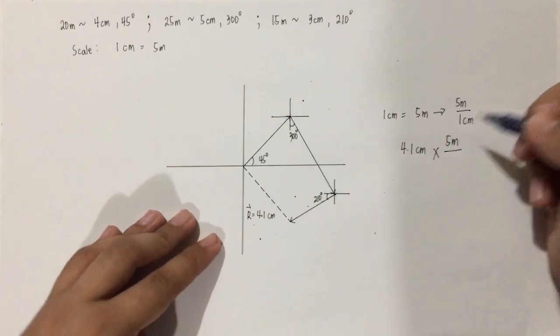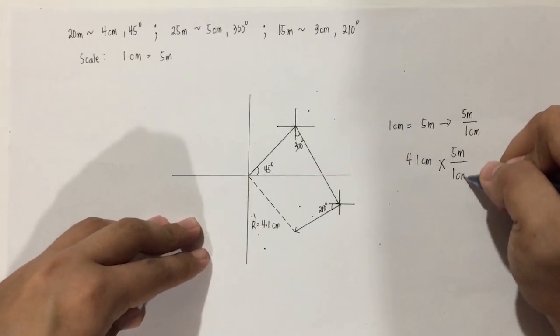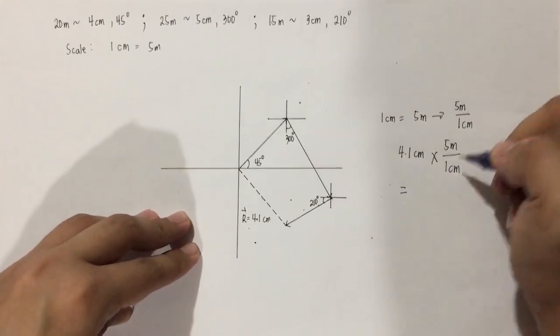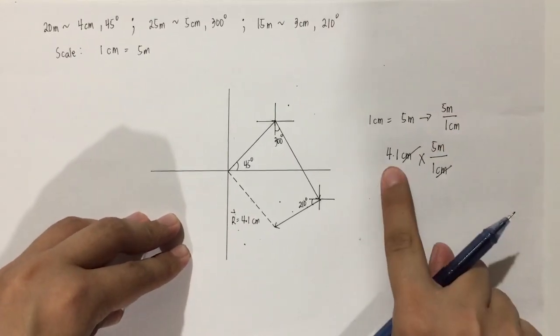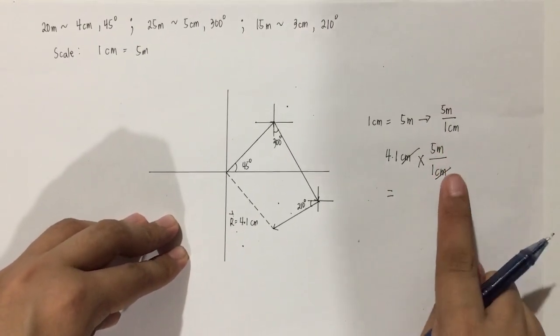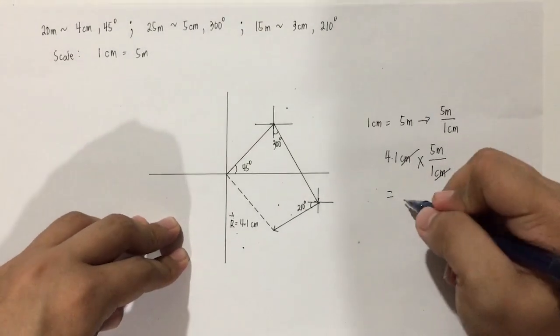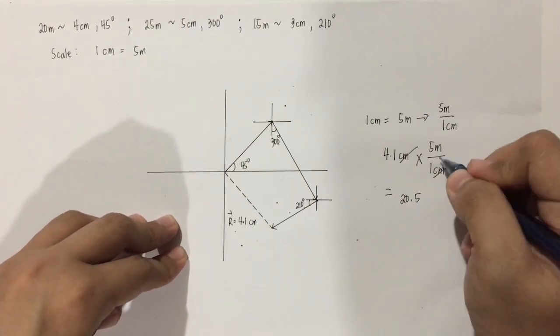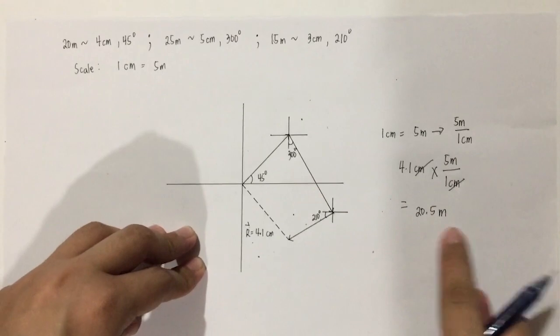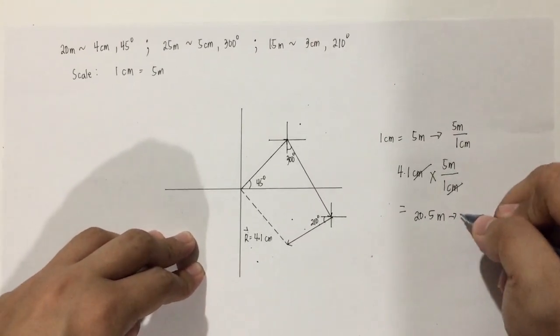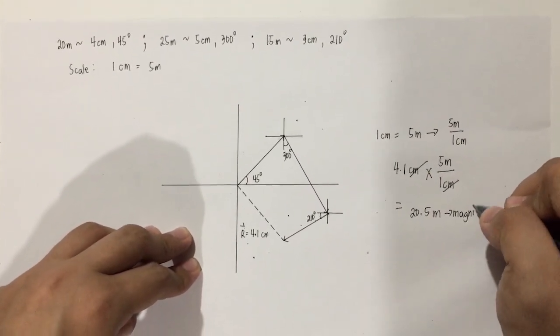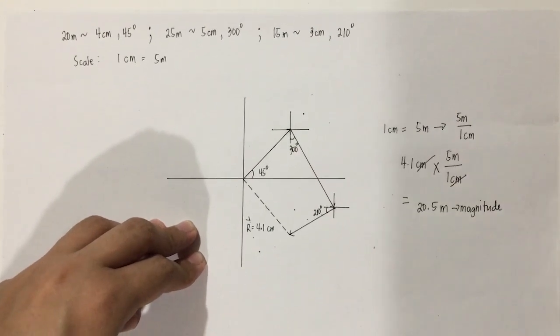Cancel similar units there. Then do the operation. 4.1 multiplied by 5 divided by 1. We have 20.5 meters. So that is the resultant vector, and that signifies the value for magnitude.